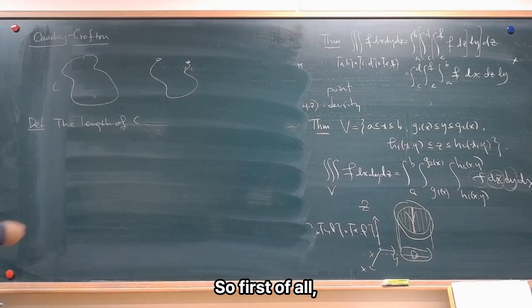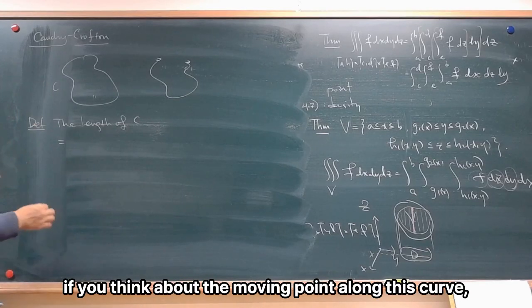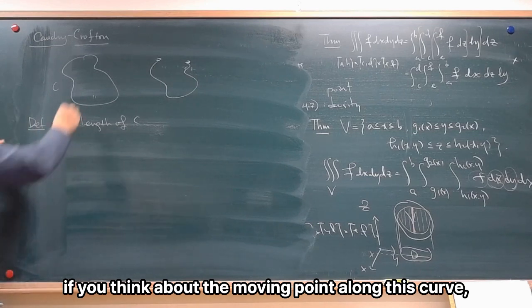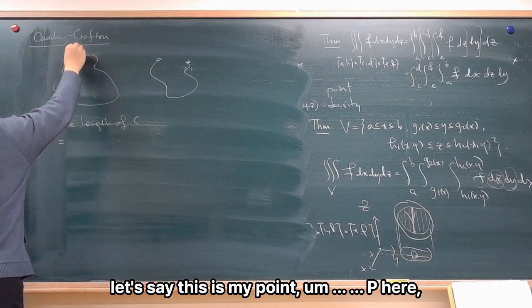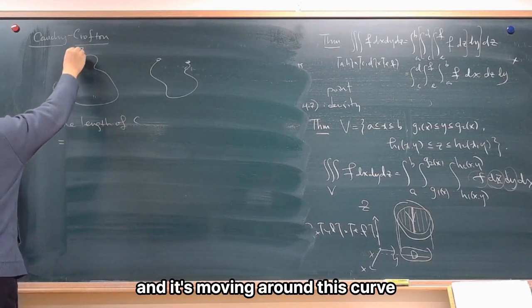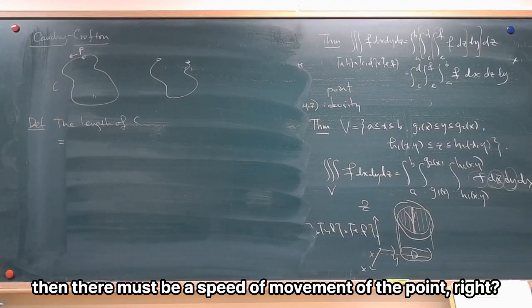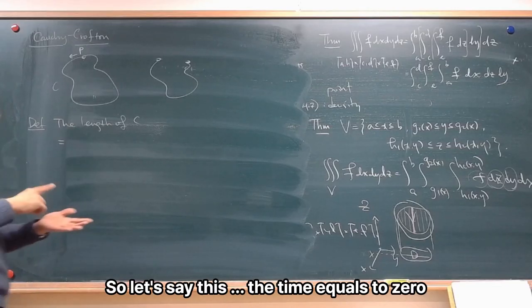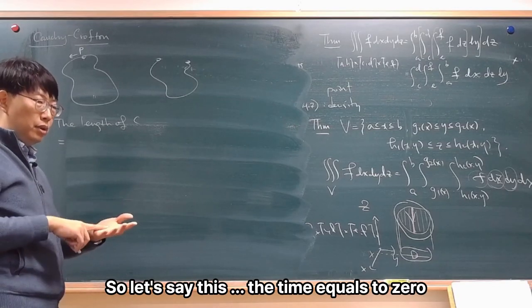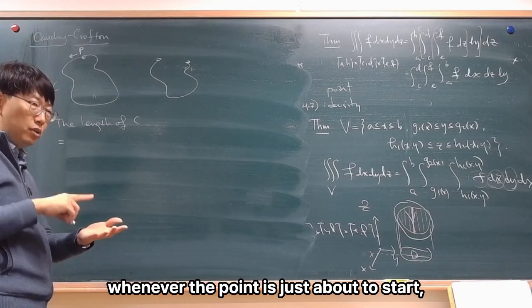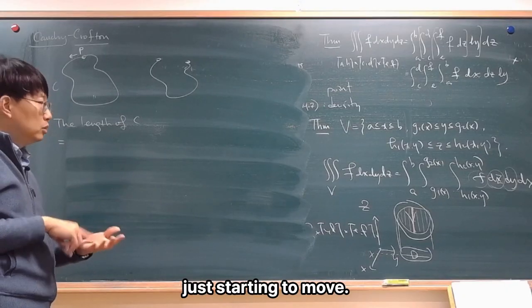So in order to see that, let's think about how we possibly measure the length of a curve. First of all, think about a moving point along this curve. Let's say this is my point P here, and it's moving around this curve in a certain time, then there must be a speed of movement of the point, right? So let's say the time equals 0 whenever the point is just starting to move.